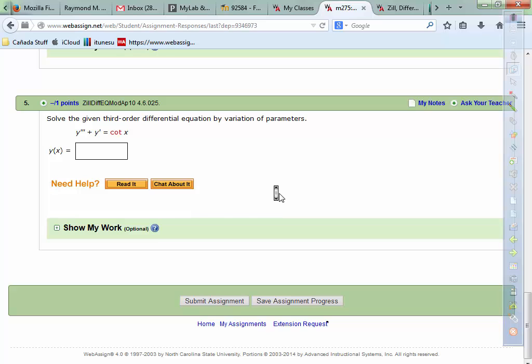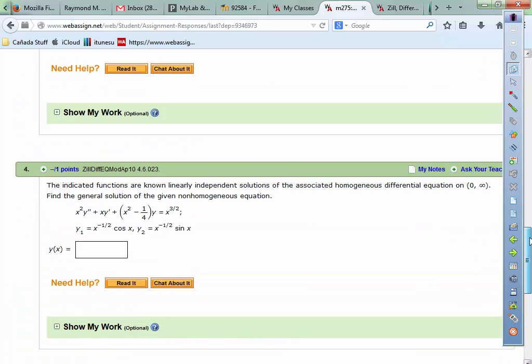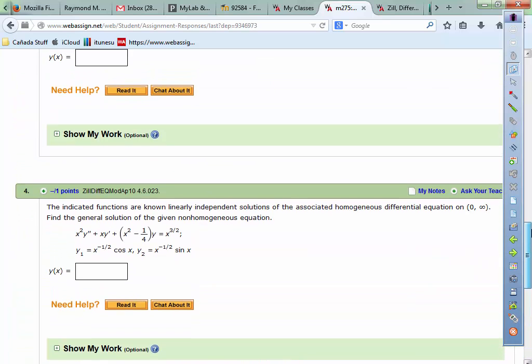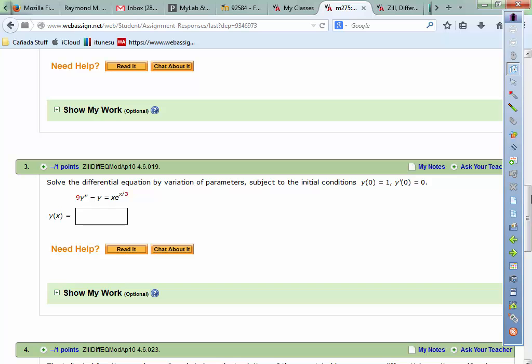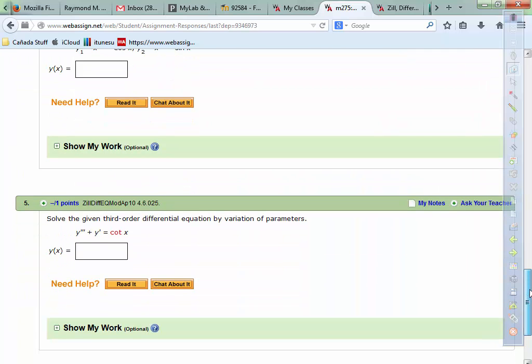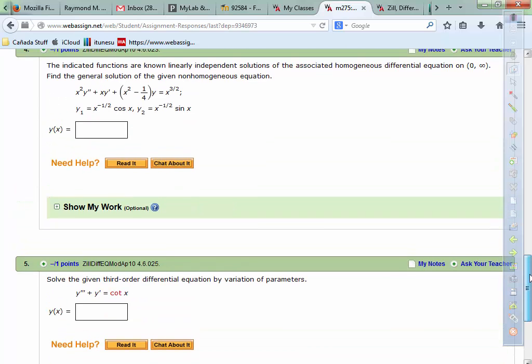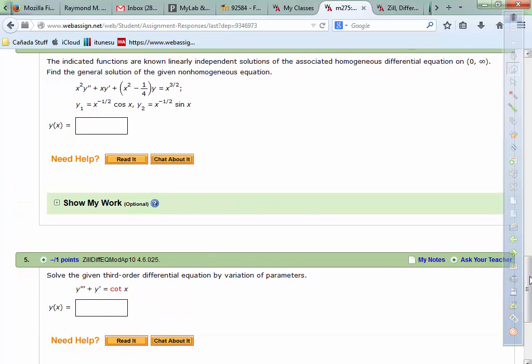Pick a number between 1 and 5. I got 3, 4, or 5. 4 or 5? Well, 4, we already have the solutions, right?